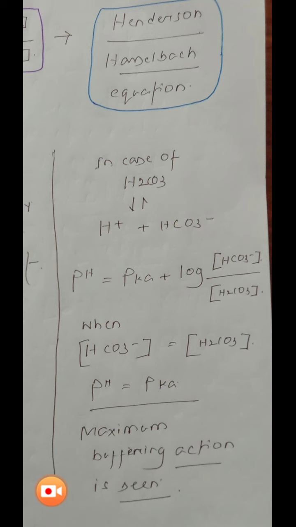So the buffering capacity, that is H plus ion taking capacity or H plus ion giving capacity, is maximum here. So when pH equals pKa, in that situation, we can observe the maximum buffering action of a buffer. So that is the Henderson-Hasselbalch equation, pH and the buffer system, and the main utility and application of the Henderson-Hasselbalch equation. Thank you everyone.